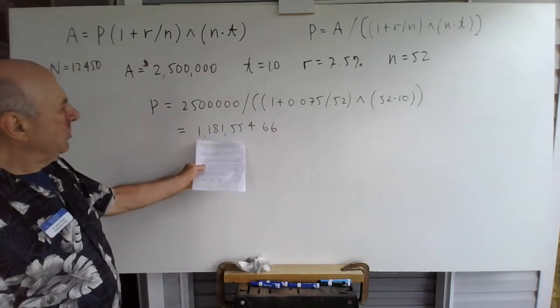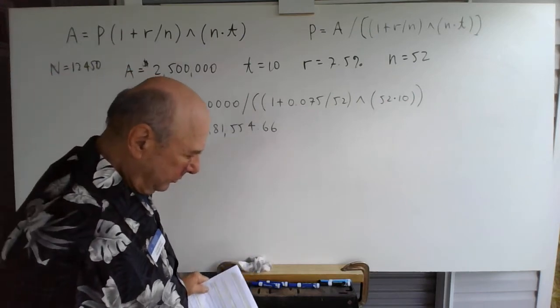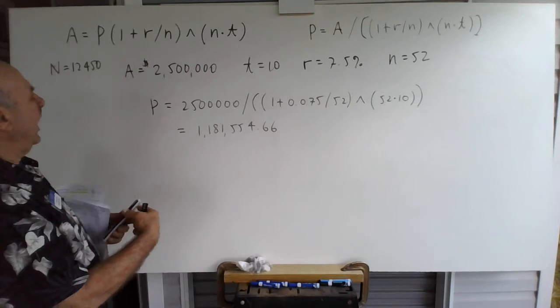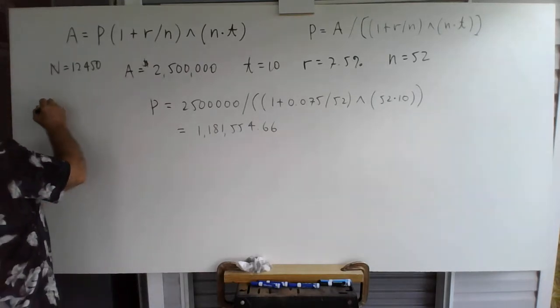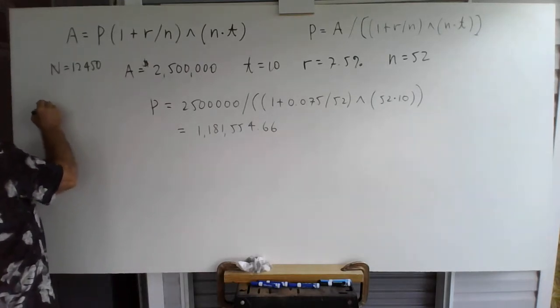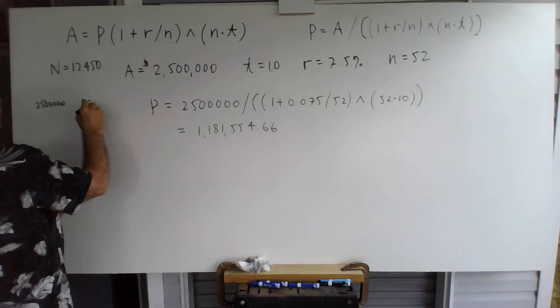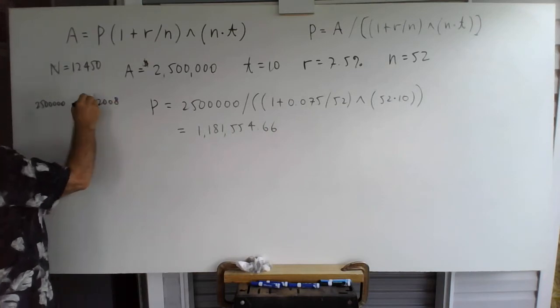So how much does each person pay if they were to do that? For $2.5 million, everybody's share was $2,008.